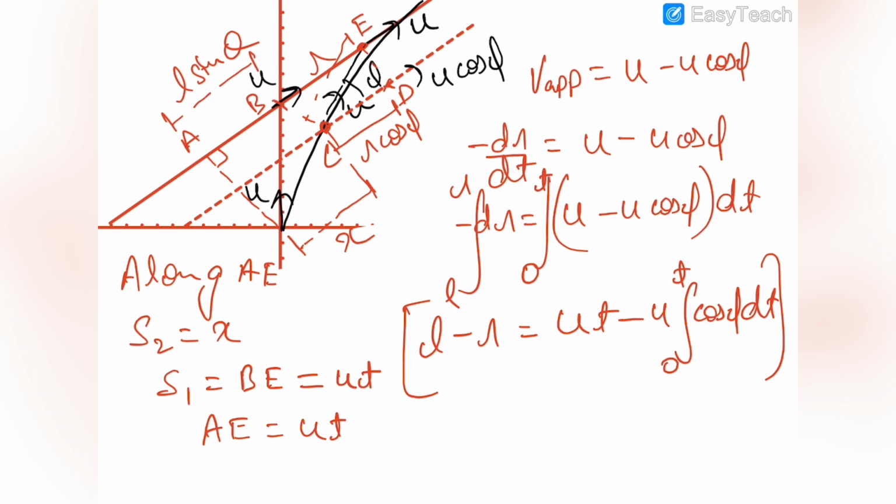So AE is equal to AB, which is L sin theta, plus this is ut.